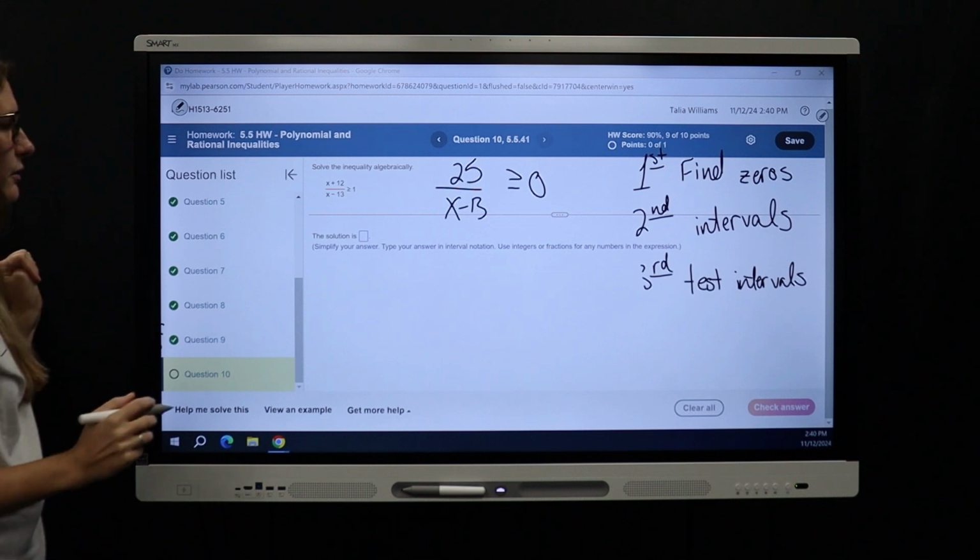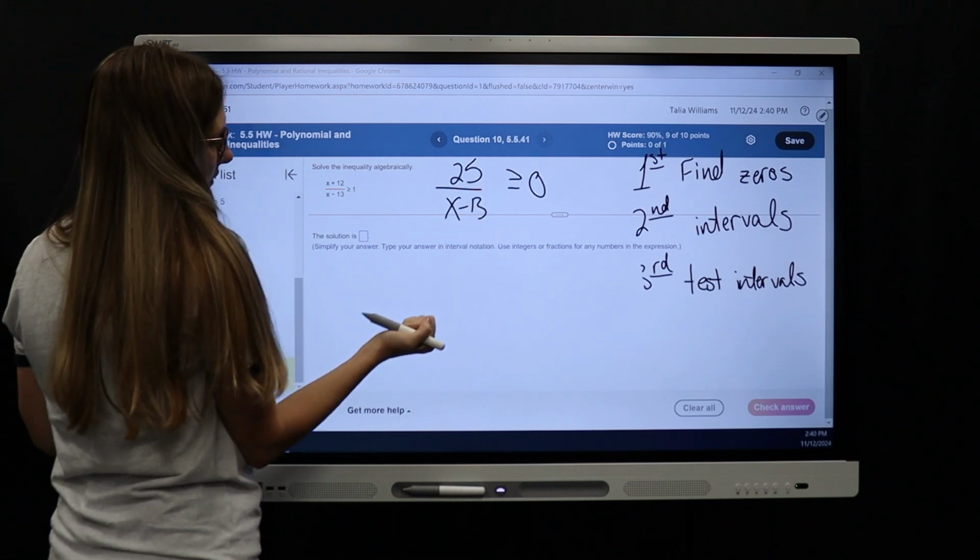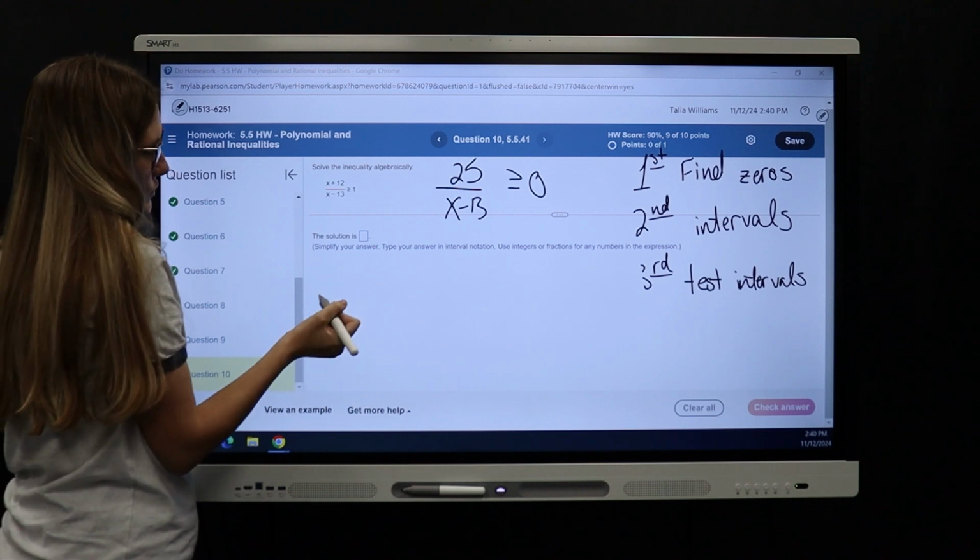Now that we find our 0, our only 0 is going to be that undefined part of our domain.